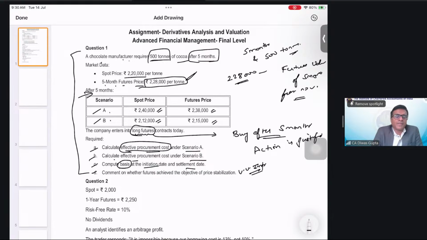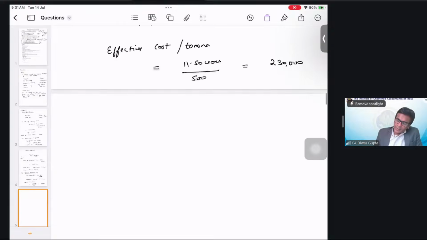It can be because of any reason, but since it was different, it had an impact on the effective procurement cost. Had this been 2,40,000 only, then my effective cost would have been 2,28,000 per ton. There would not have been a change. But because there is a 2,000 rupees gap here, that 2,000 rupees got added to the 2,28,000 to make it 2,30,000. Clear?